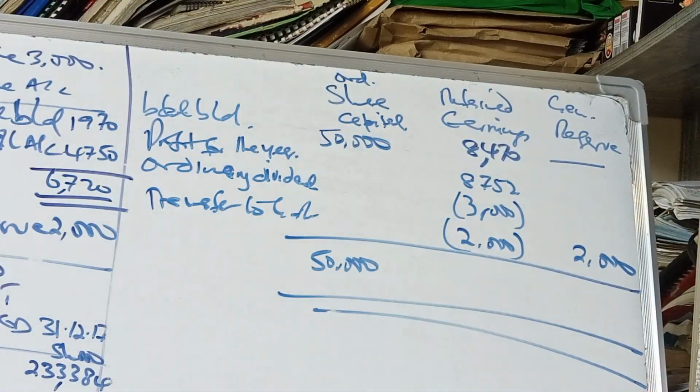84.70 plus 87.52, minus 5,000. We get a figure of 12,222.